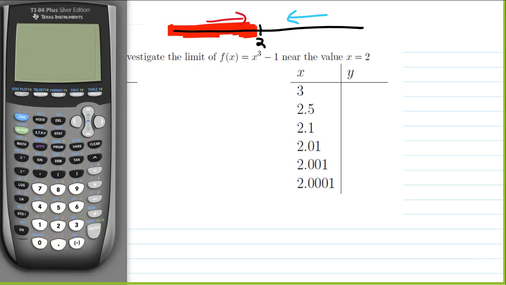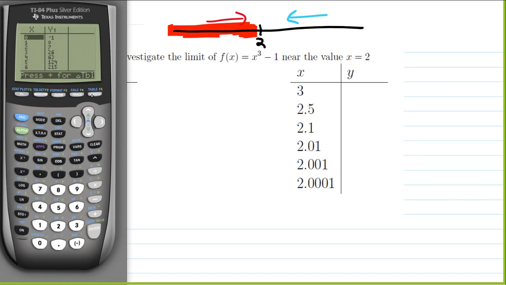So something we may or may not remember about our calculator is that we can actually just put functions in. So if we go y equals, we can type the function in, y equals x cubed, take away 1. And most of us are familiar with the table where we can do some stuff like this, and it generates a table that looks like this.